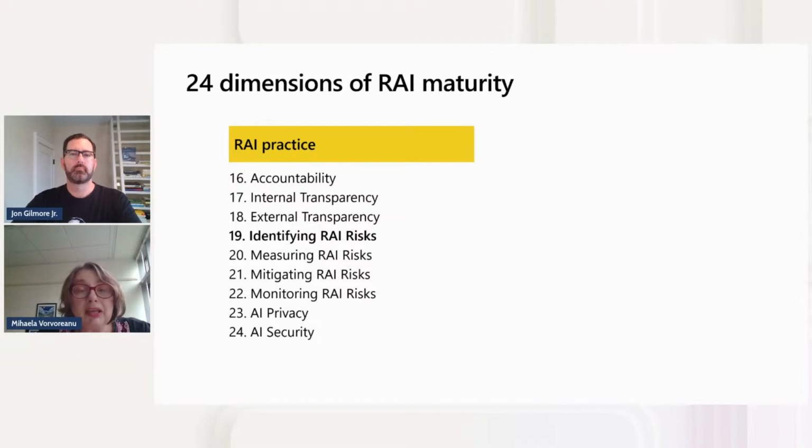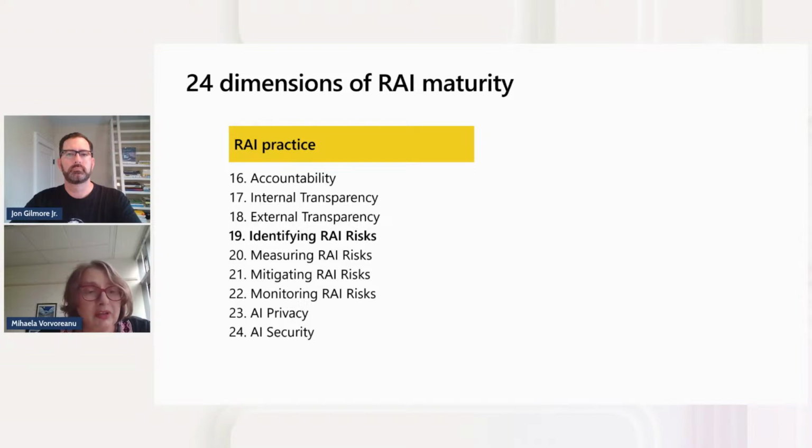And that framework is identify, measure, mitigate. If the mitigation is not good enough, measure, mitigate, and then monitor post deployment, right? And this framework helps you do a better job of staying on top of responsible AI risks.